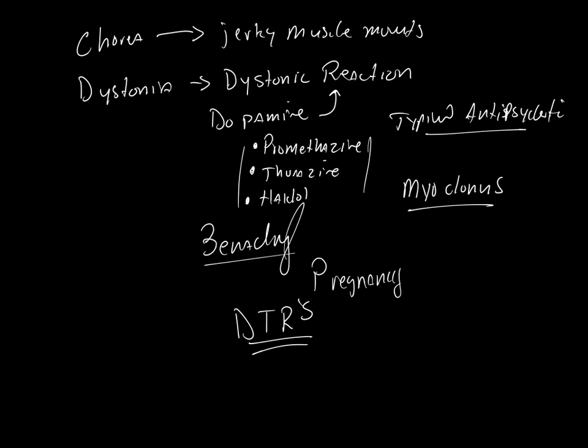But then there's another center in the brain that says, wait a minute, we don't want to contract, cancel that. So instead of giving a kick, you just get a little twitch, and then there's a cancellation.